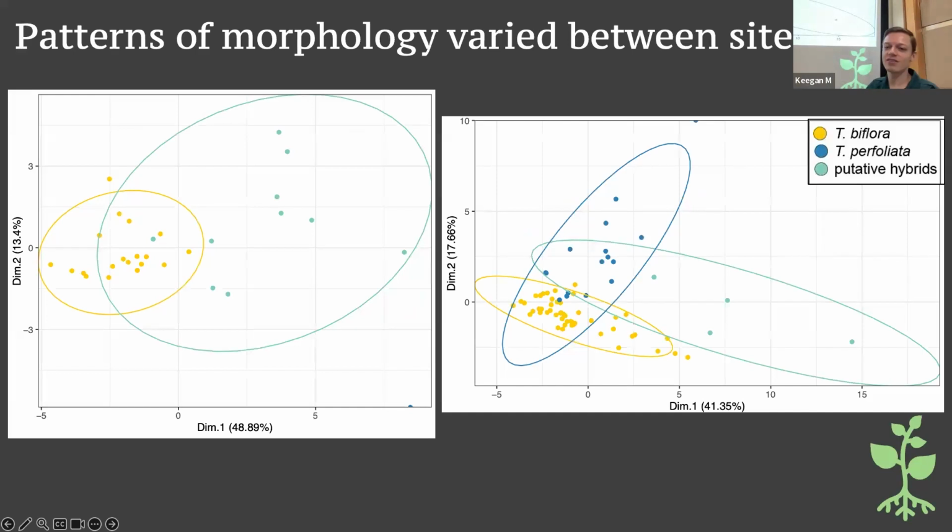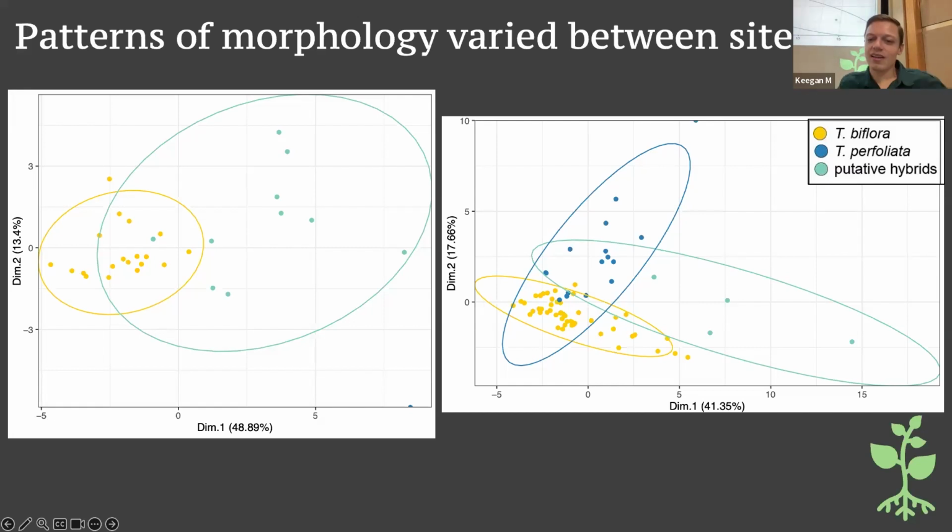So even though there are consistent morphological differences between these groups, patterns of morphology varied across sites, likely due to differences in site composition. And so these are principal component analysis plots of 2 example sites, one from Arkansas and one from here in Illinois.